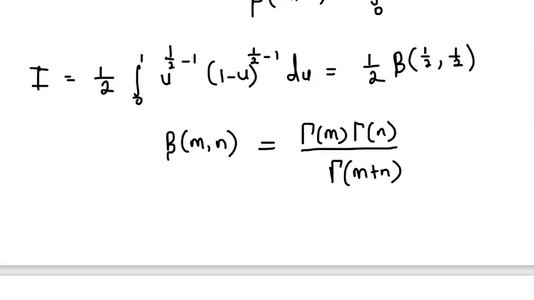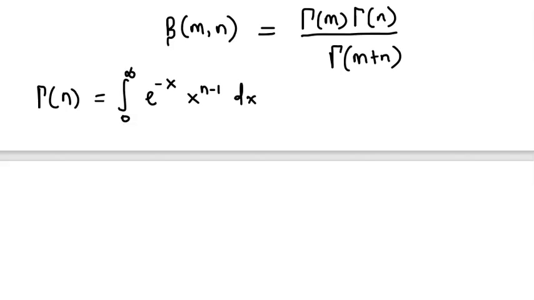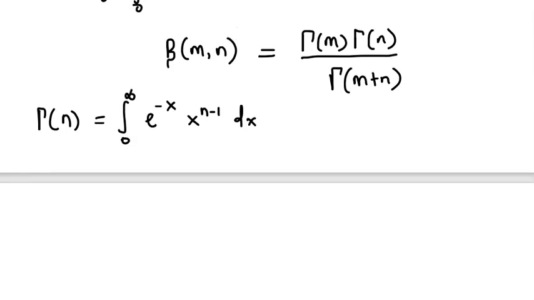The gamma function is just the extension of the factorial. Here is the integral representation of it. So the gamma of n is equal to the integral from 0 to infinity of e raised to the power of negative x times x raised to the power of n minus 1, then dx, if I'm not mistaken, right? That should be correct. And we have this, that the gamma of n is equal to n minus 1 factorial.